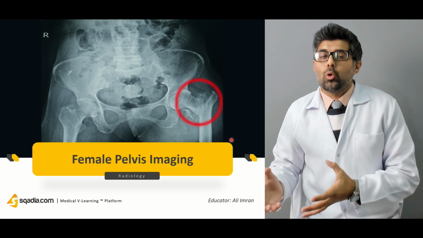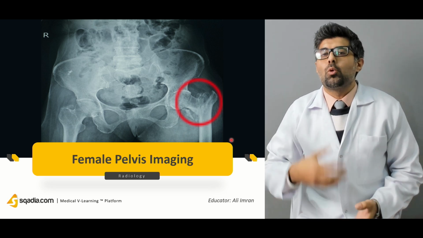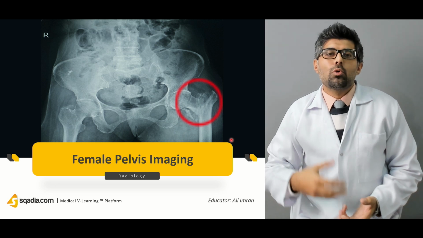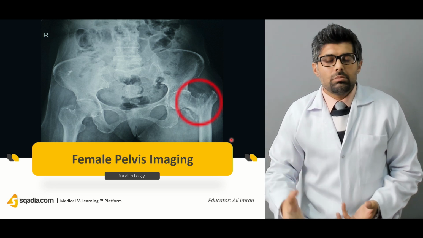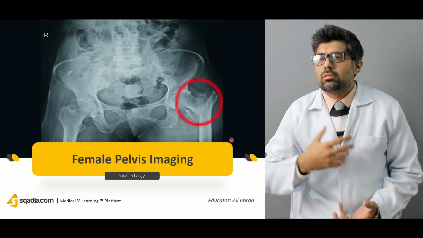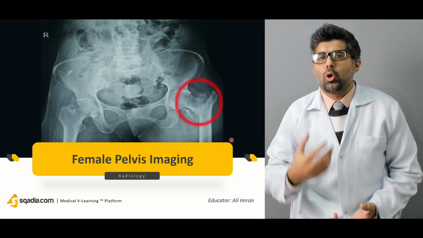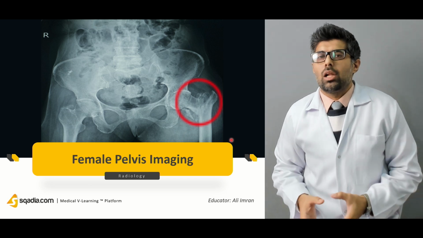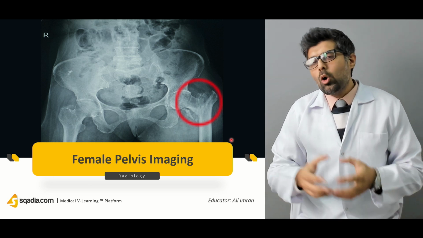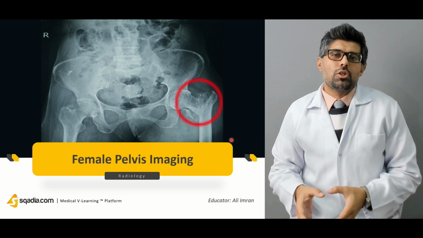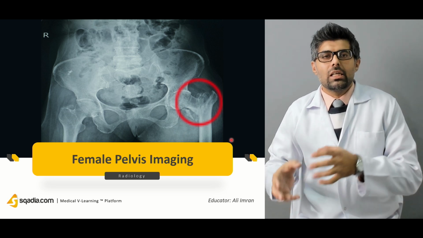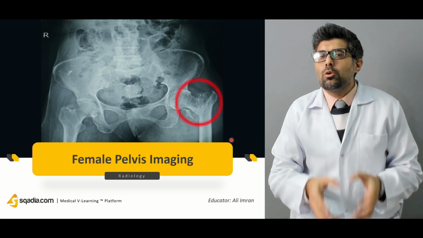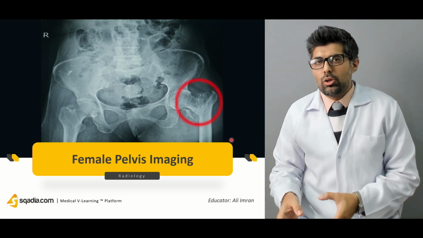Not only is female anatomy more complex, it is more prone to problems such as inflammatory diseases, autoimmune diseases, and all sorts of structural abnormalities. So, because of all of this, female imaging has started to emerge as a separate entity to regular radiology.